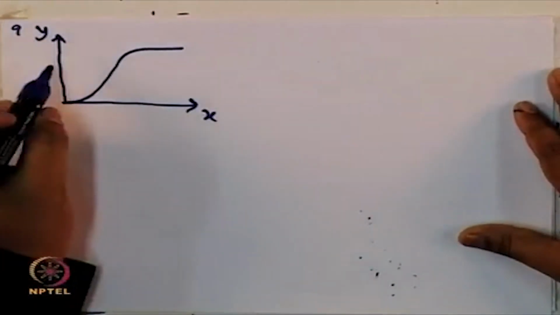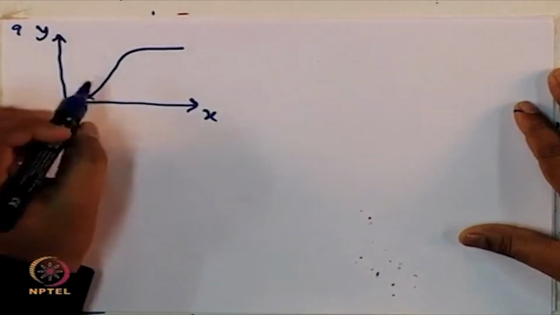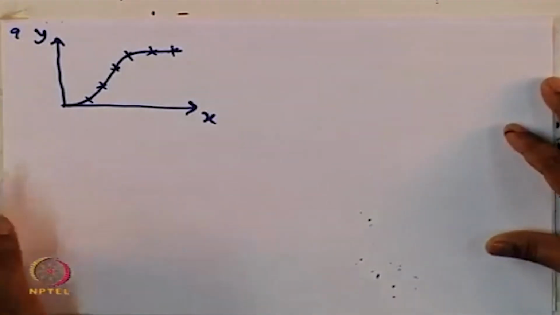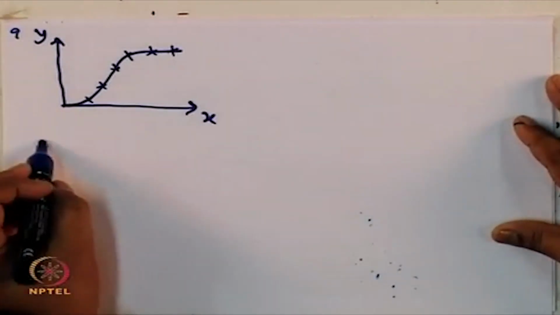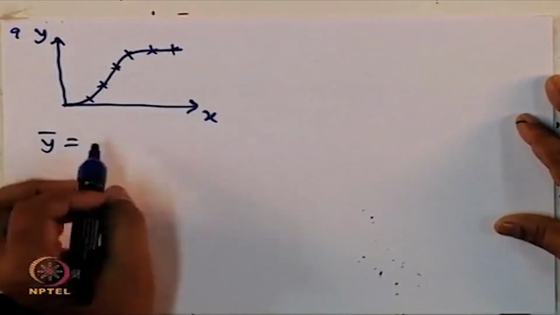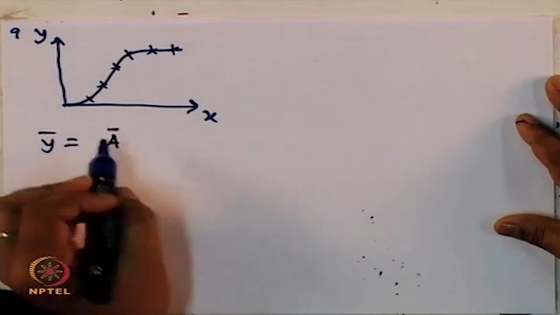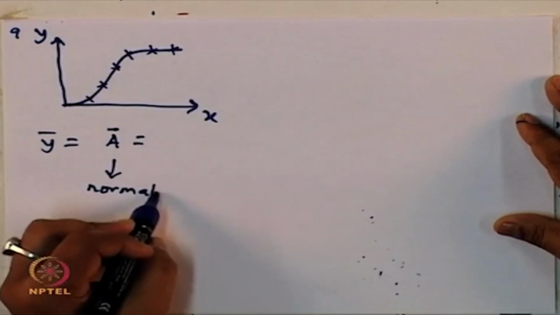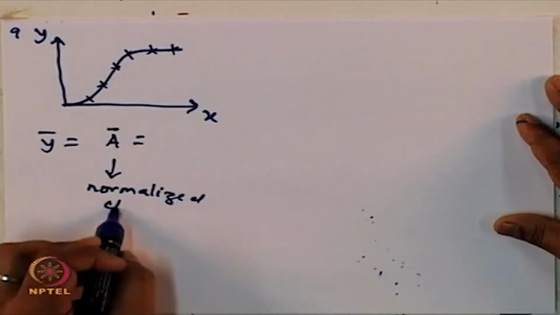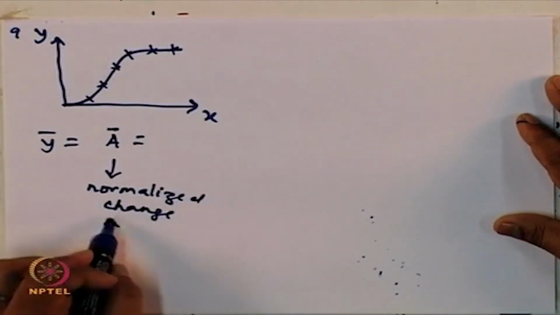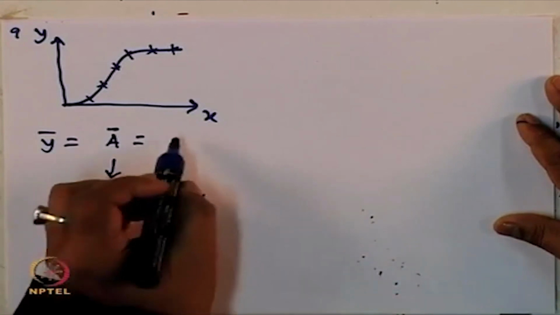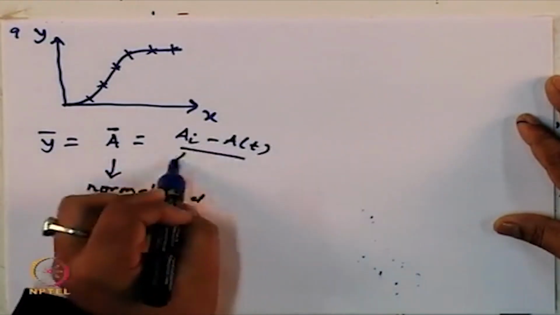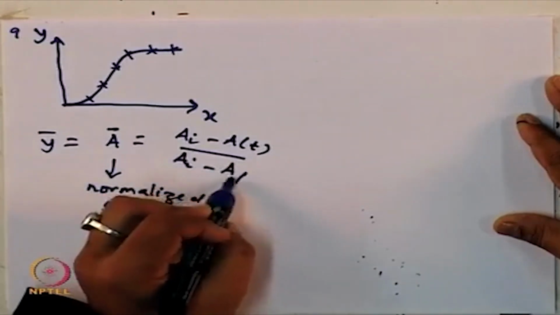So, in this way, if I plot this data, let us say this was your experimental data, I can plot it using this particular expression. I have defined a bar as now the normalized change in area, a bar is defined by ai minus a at time t by ai minus a final.